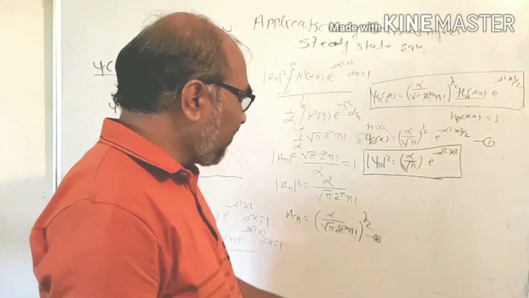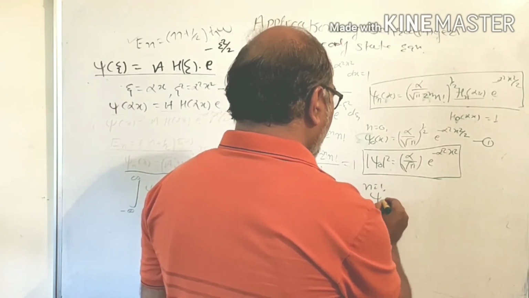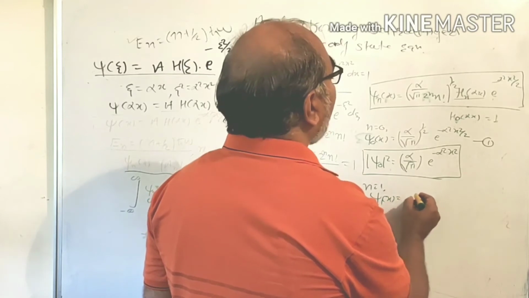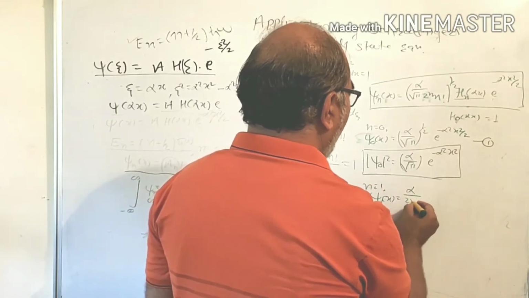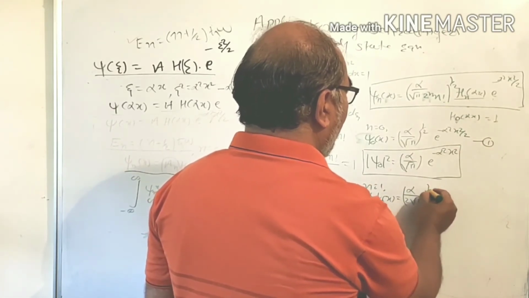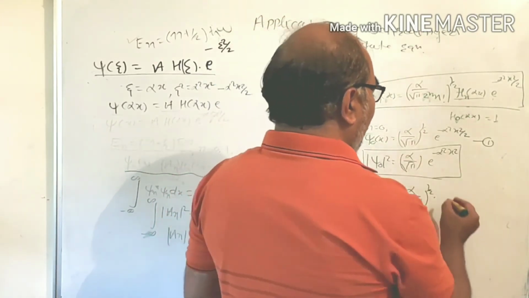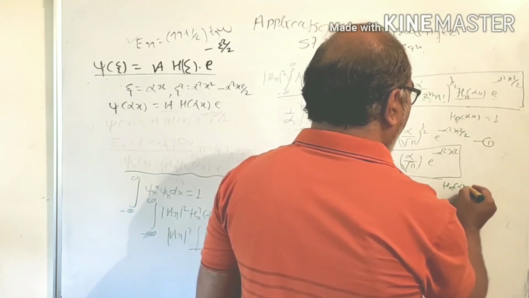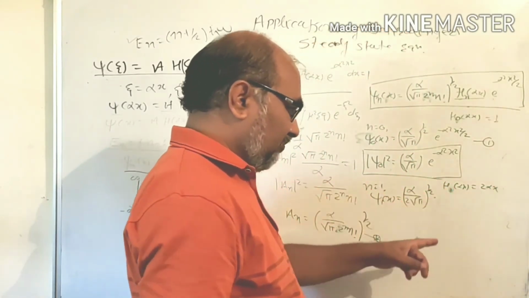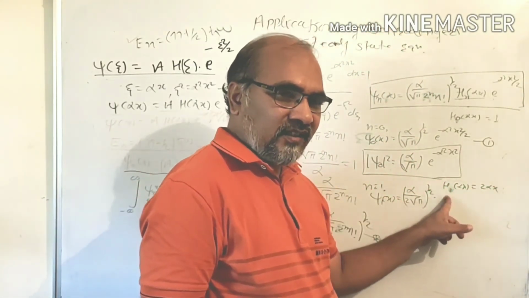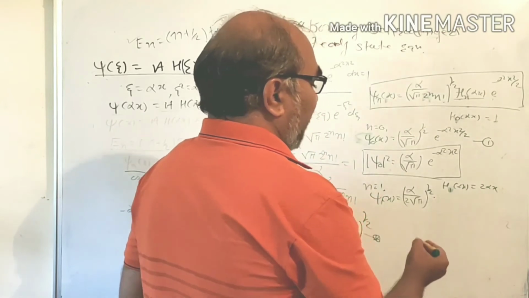Similarly we can find out ψ for n equal to 1. So this is ψ_1(x) equal to α divided by 2 root π raised to 1/2 into H_n(αx), and for n equal to 1, H_1 is equal to 2αx. So the first Hermite polynomial is 2αx, that we already know from the last chapter.